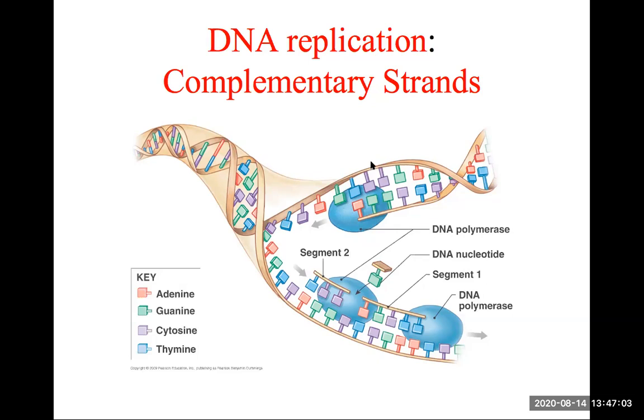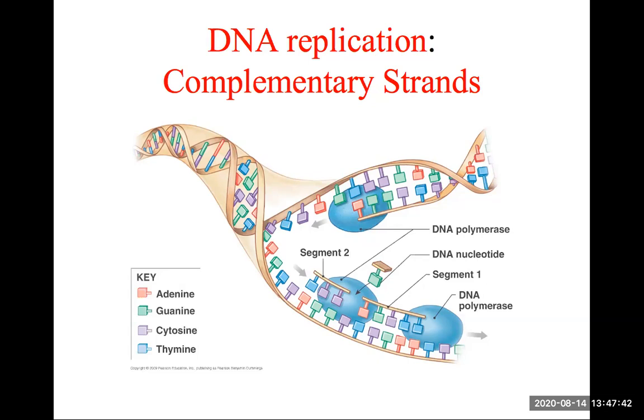Over here, this is one half the original DNA, and now the cell is building the missing half of DNA as a complement to the half it had. So anywhere there's a blue, you know there's a red missing. Anywhere there's a green, you know it must be a purple. If it's red, this must be blue. If it's purple, this must be green. So basically, one half of the molecule is all you need to tell the cell how to build the missing half. That's what we mean by saying that the strands of DNA are complementary to each other.